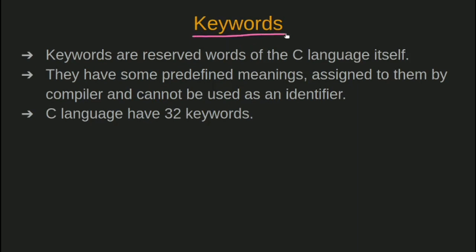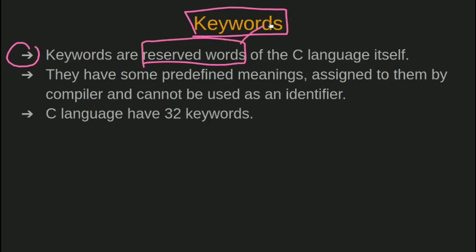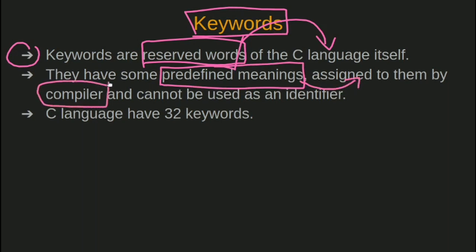Let us now discuss keywords. Keywords are reserved words of the C language itself, and these keywords have some predefined meaning, and these meanings are assigned to them by something known as a compiler, and hence a keyword cannot be used as an identifier.